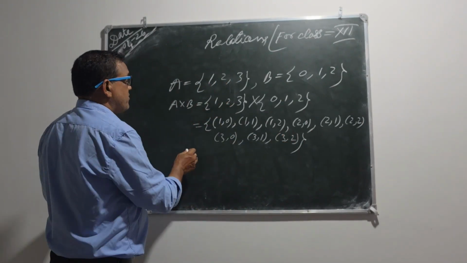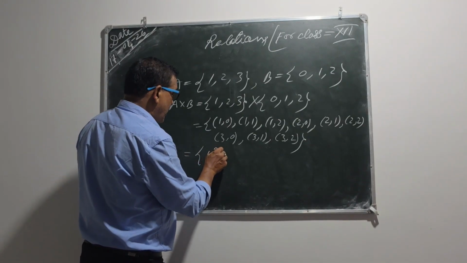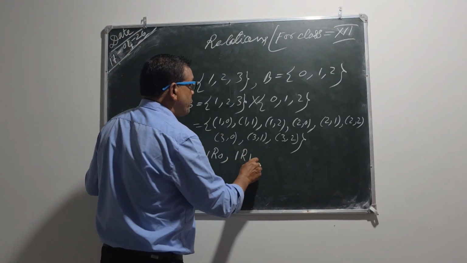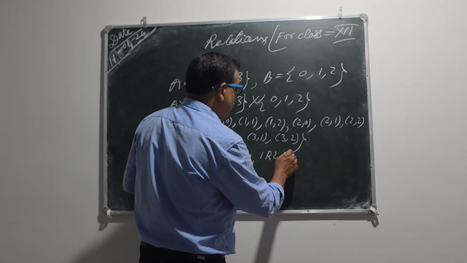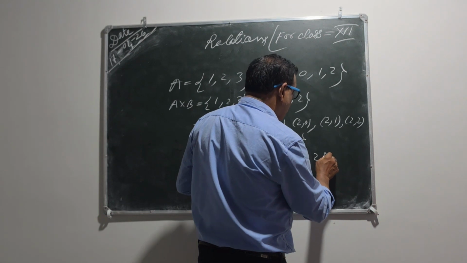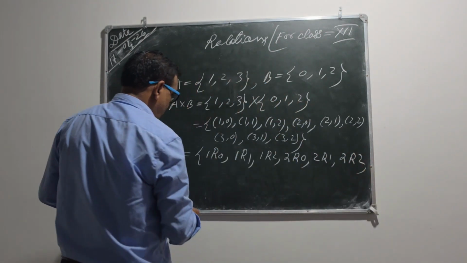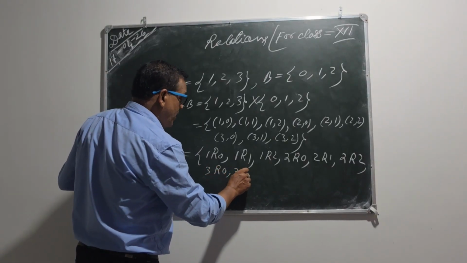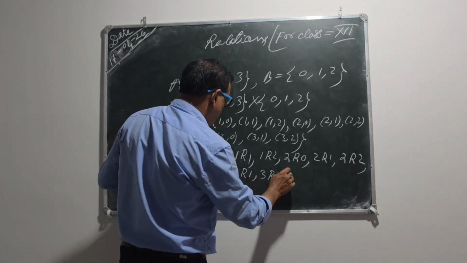So this one we can write as 1 related with 0, 1 related with 1, then 1 related with 2, 2 related with 0, 2 related with 1, 2 related with 2, 3 related with 0, 3 related with 1, 3 related with 2.